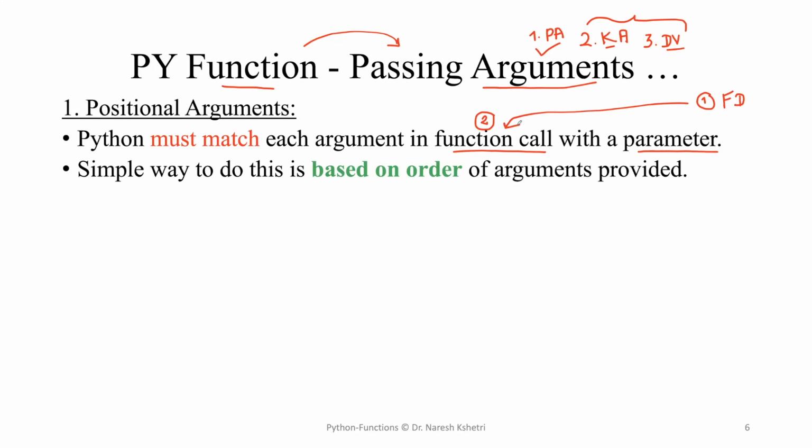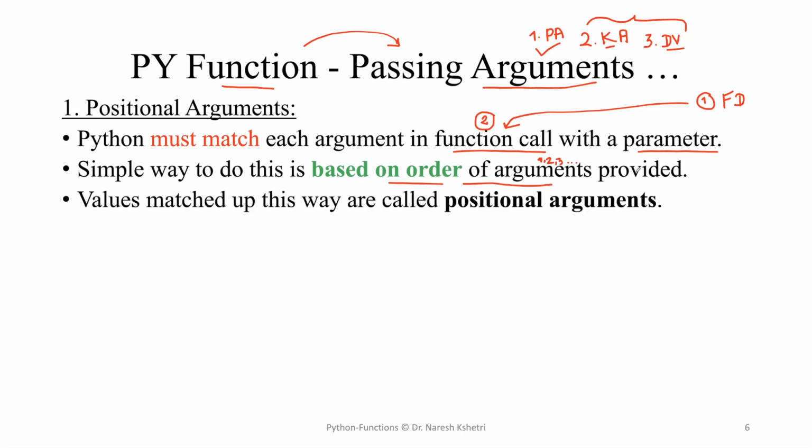One simple way is the order of arguments. Order of arguments means whatever is needed first, second, third, and so on. We don't mess with the order, we follow the order. So if the values are matched, that means whatever is defined in the function definition, for example, the function definition wants the name and the name of the car.